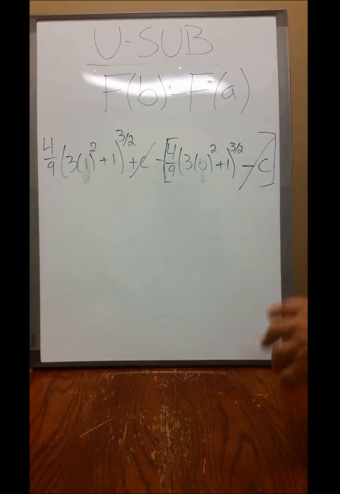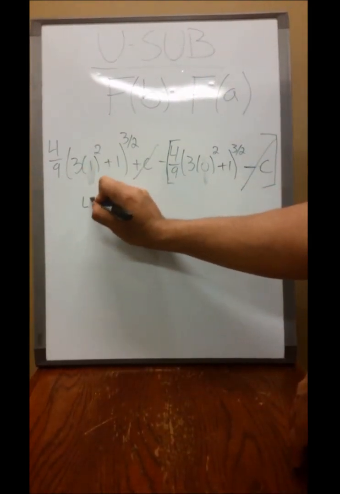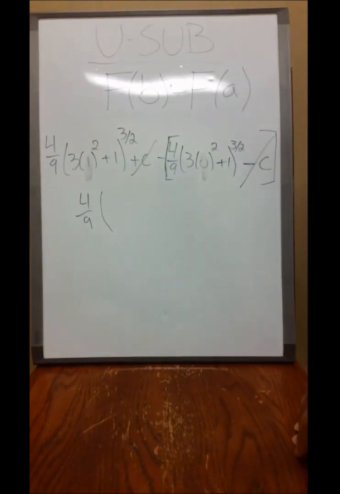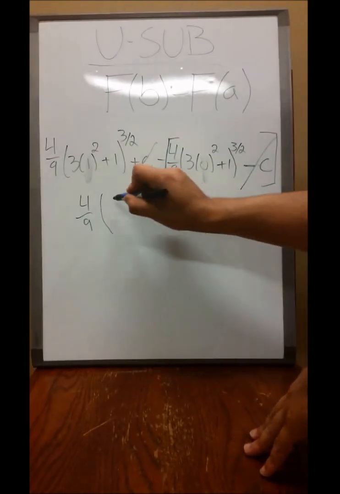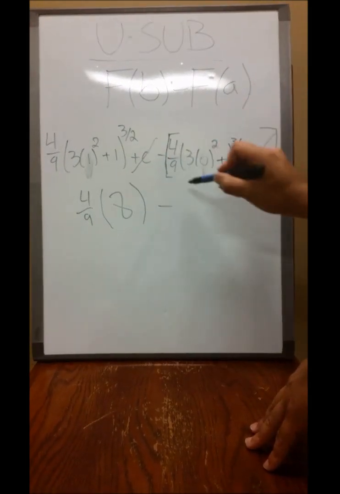So then overall, when you start to simplify, the f of b is going to come out to 4/9 times, when you take 3 times 1 squared plus 1, all of that to the 3/2, is going to be 8, minus the 4/9 originally.